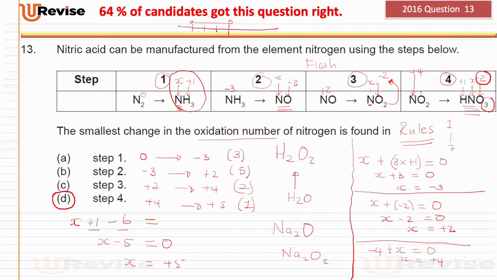So if it looks like an oxide and it has an extra oxygen, that means it's a peroxide. This is what I tell my students, but generally the peroxide you're going to come across is hydrogen peroxide, H2O2. I hope the extra explanations and the tips that I've offered will come in handy in your revision.